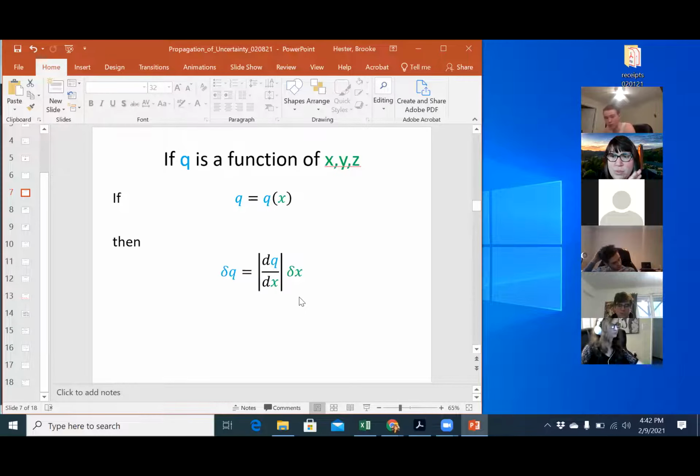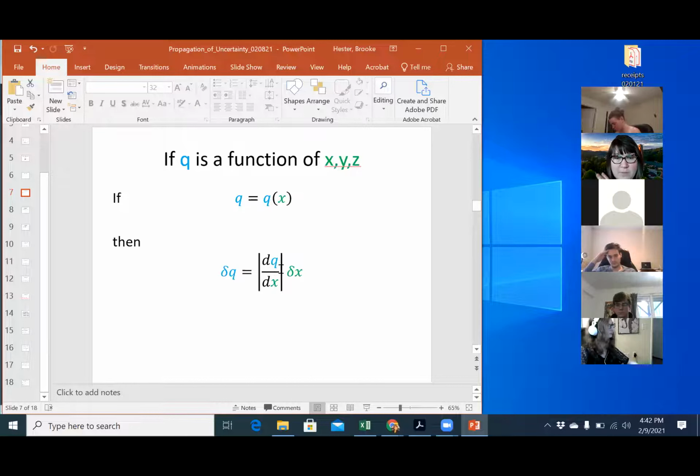So notice the units do work out here. Delta x, this little delta x, is our uncertainty in x and has units of, let's just say centimeters in this case. And then dx is an infinitesimal bit of x. It's still going to have units of x, still going to have centimeters. So those units cancel.